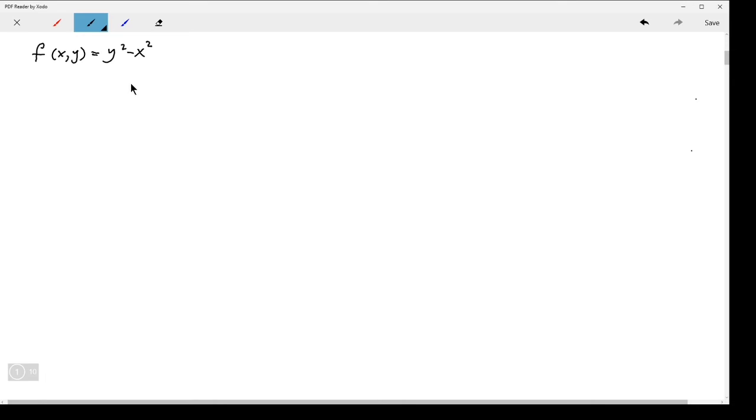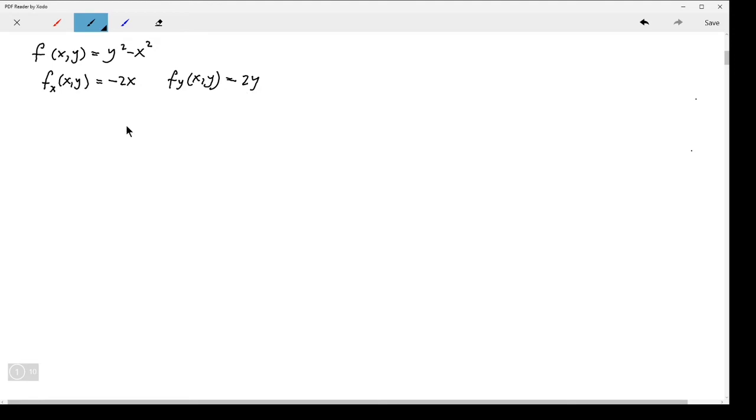Let's take a look at the same process that we just did, looking for local extreme points. So I'm going to take the first partials. With respect to x, that's 0 minus 2x. With respect to y, this is 0, and that is 2y.